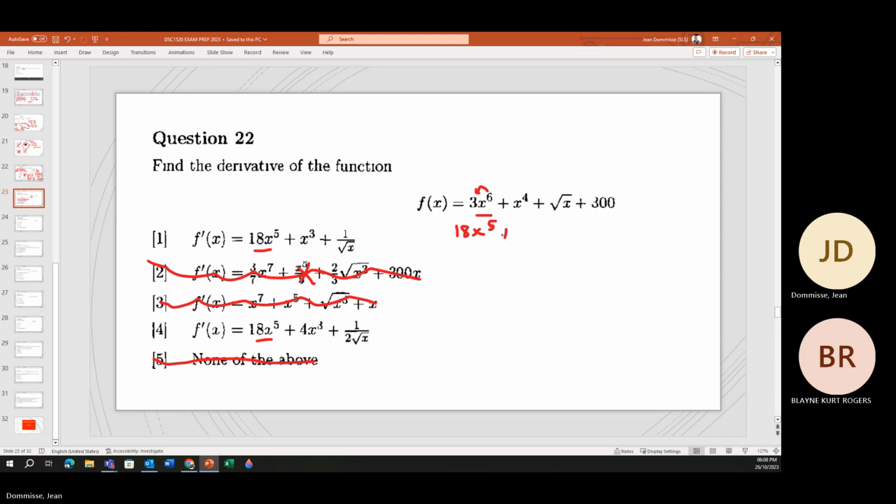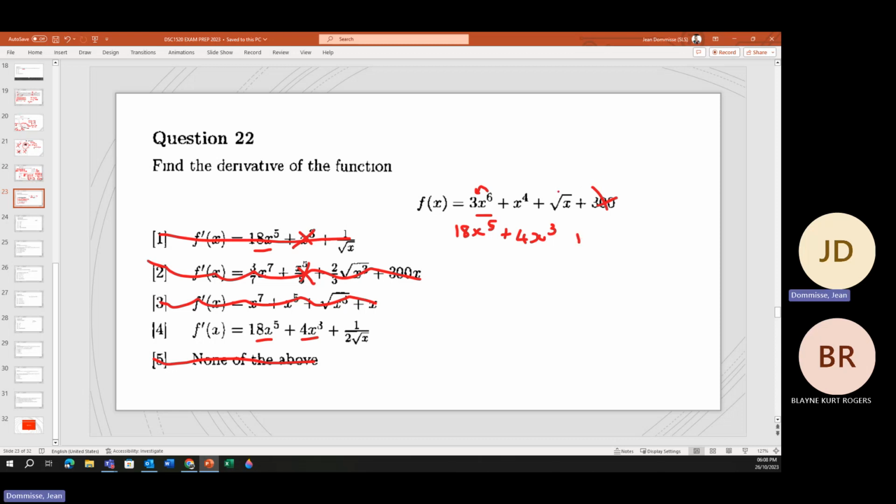And then 4 goes to the front, x to the power of 3. Again, there is the plus 4x to the power of 3. We know that 300 will disappear.